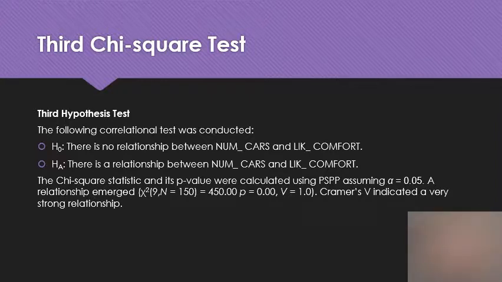Our degrees of freedom were 9. Our number of cases were 150. Our chi-square value was 450 with a p-value of 0.0 and a Cramer's V value of 1. This indicated it was a very strong relationship.